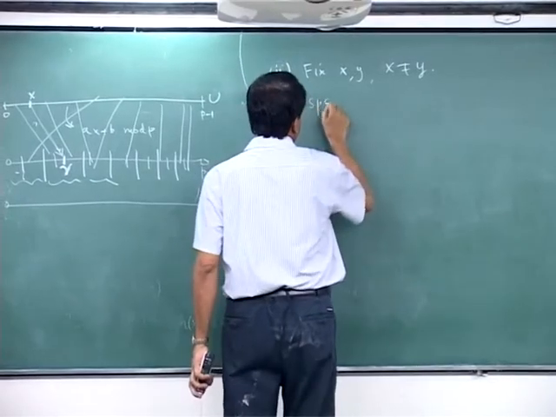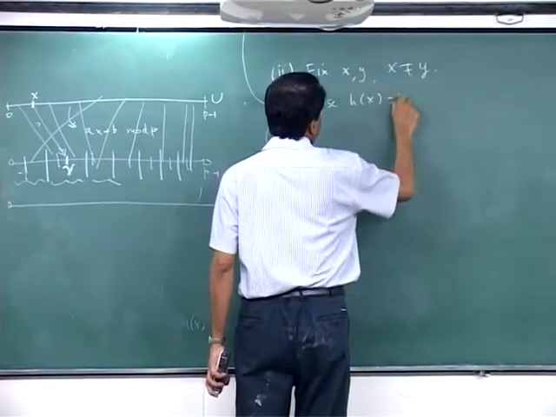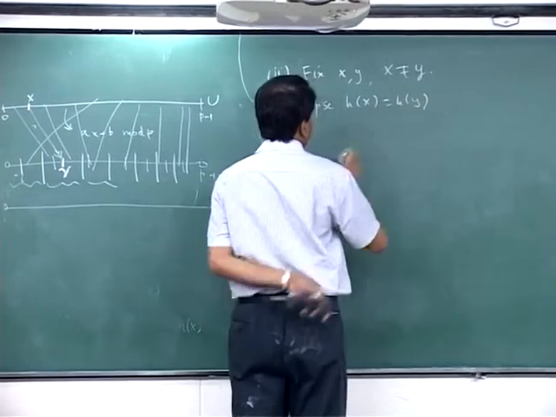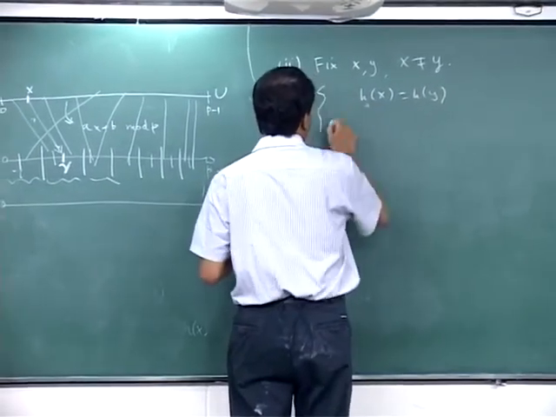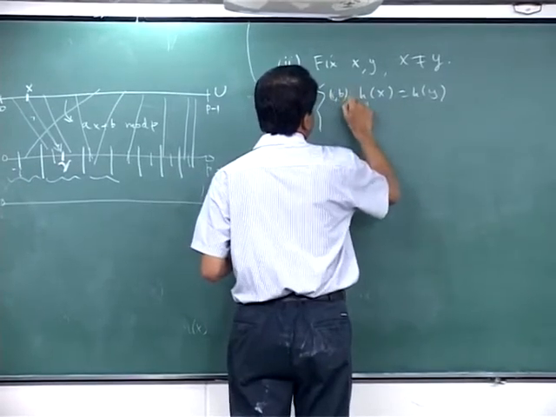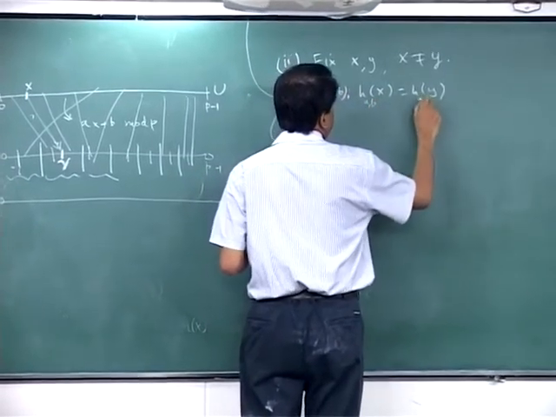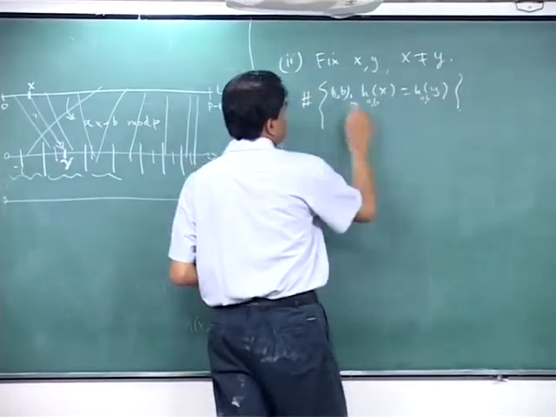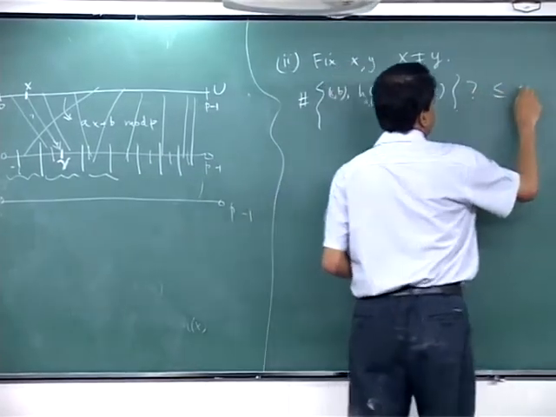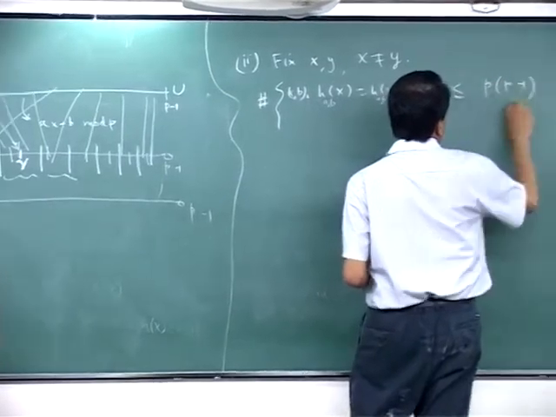Suppose h of x equals h of y. I want to compute, our goal is to compute the pairs (a, b) such that h_{a,b}(x) equals h_{a,b}(y). And we want to again claim that it's at most p minus 1 times p by t.